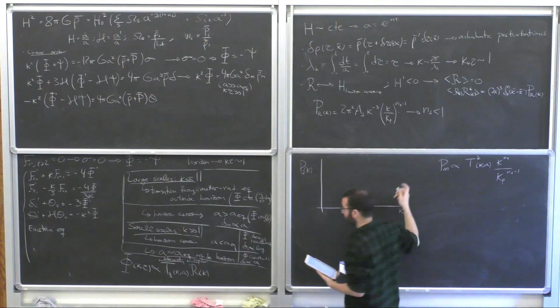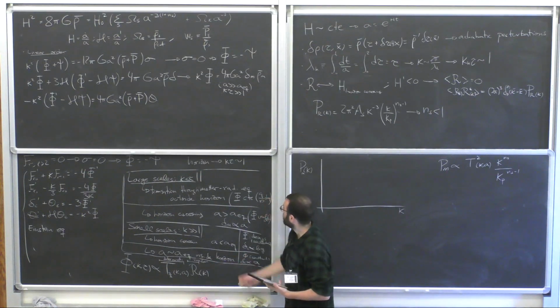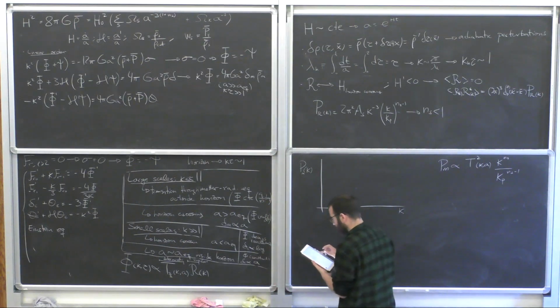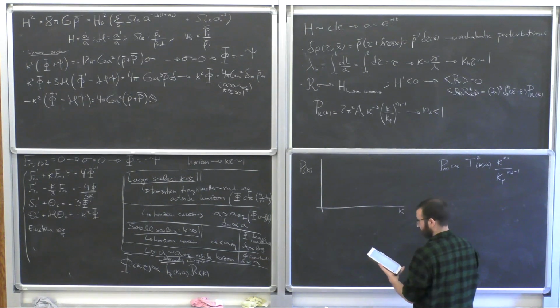This comes basically from applying the definition of the transfer function and the Poisson equation to go from gravitational potential to matter density.